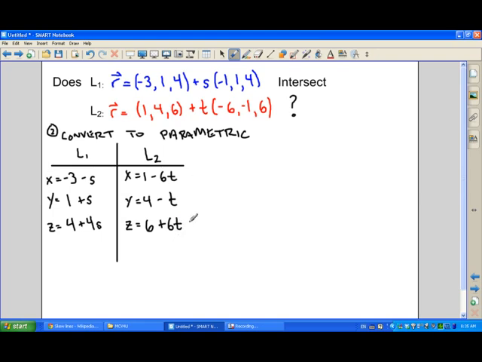So I've converted each line to its parametric equations, and now for my third step, I'm going to select any 2 parametric equations, or any 2 components, and I'm going to equate them. I'm going to set them equal to each other.